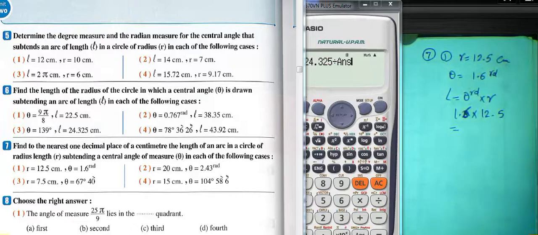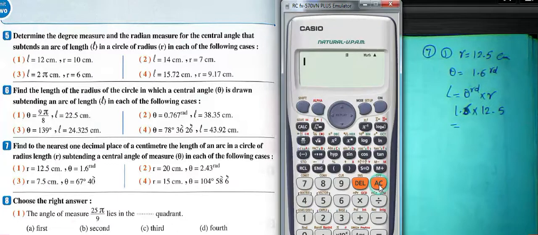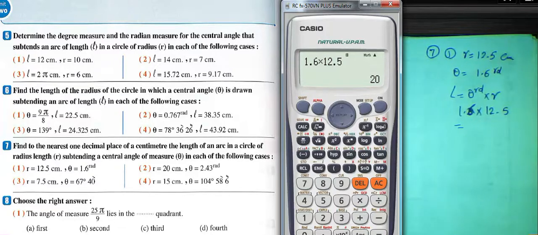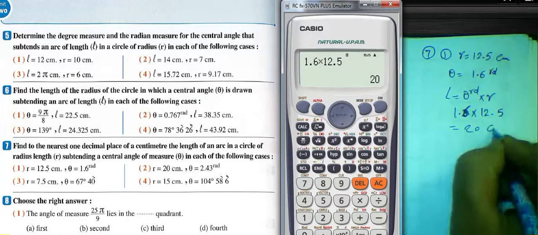We can use a calculator. Follow along with me to know the steps. 1.6 multiplied by 12.5, the result will be 20 centimeters.